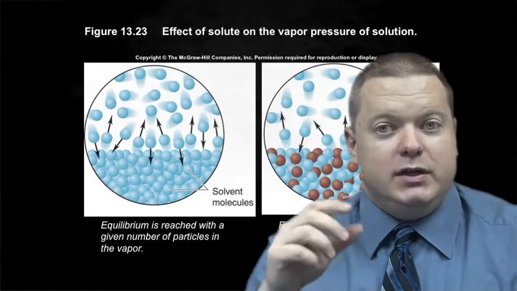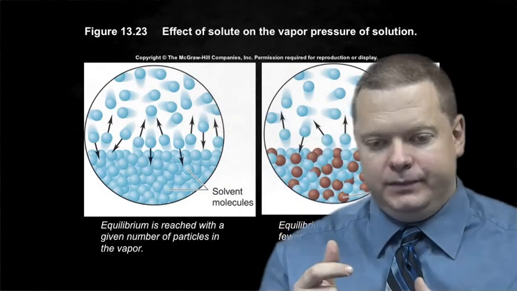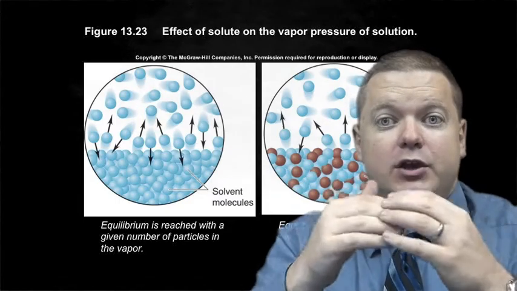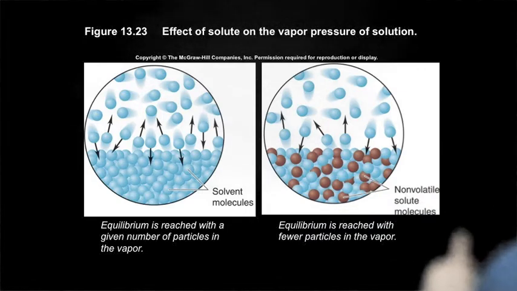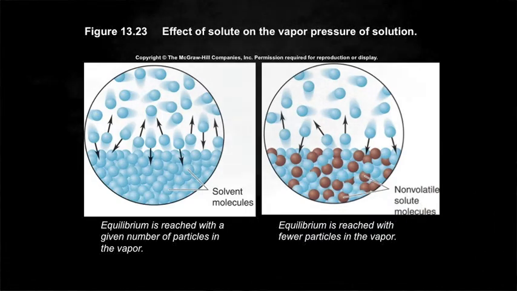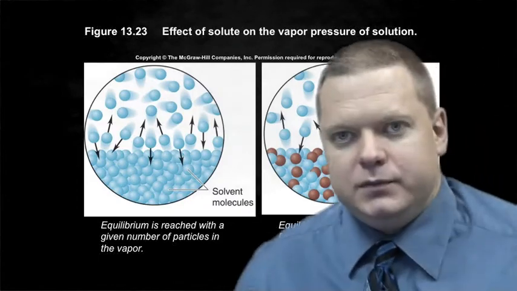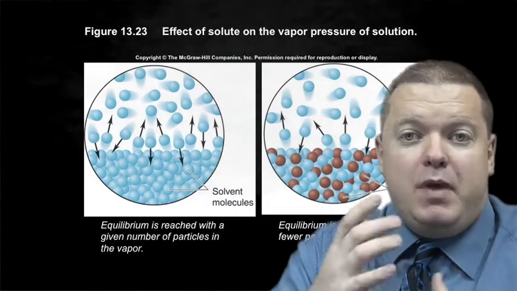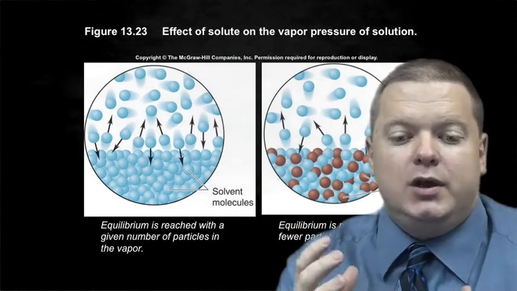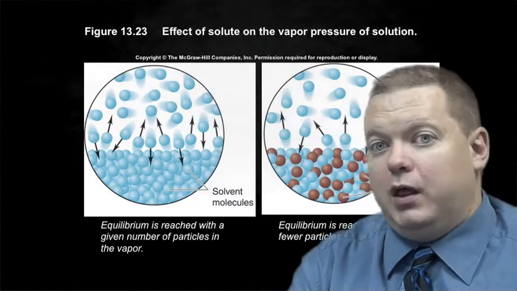If we have this solution, especially with a non-volatile solute, then that's going to decrease the total number of molecules at the surface that can come out. Which makes sense. If fewer molecules can come out, fewer molecules are going to come out of the solution, therefore the vapor pressure should go down. If we put in another volatile compound, the pressure will change slightly, but it will be a function of the vapor pressure of this new volatile compound.